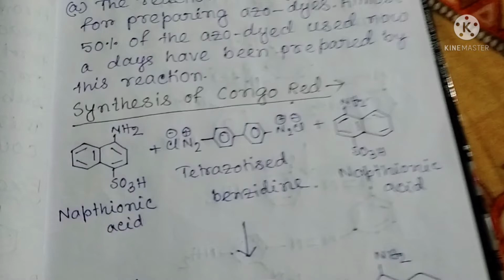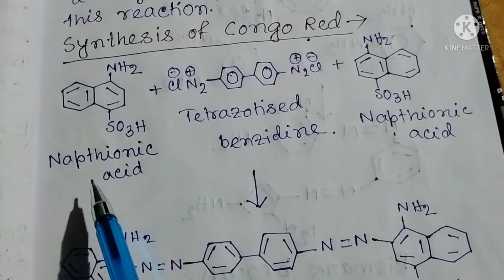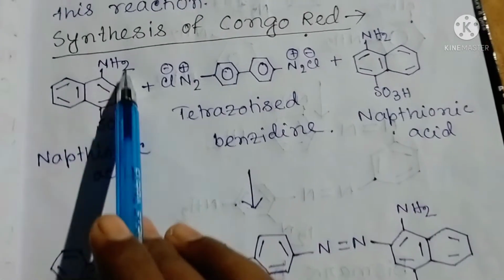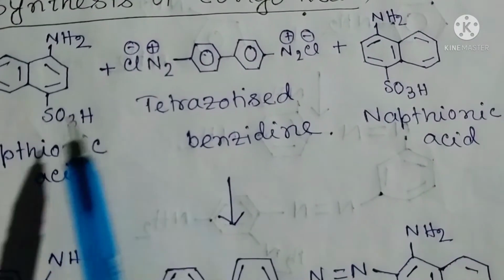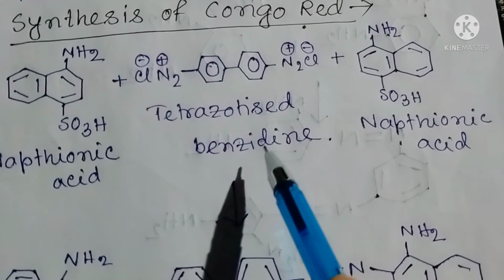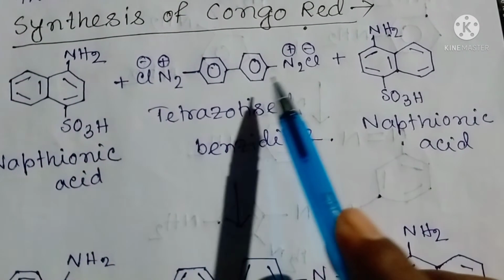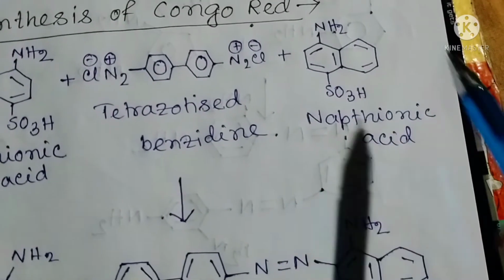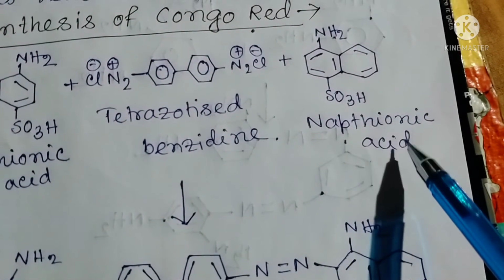Now, let's see. Here we take naphthionic acid. This is the structure of naphthionic acid. And here we take tetraazotized benzidine. And this is the structure of tetraazotized benzidine. And this is naphthionic acid.